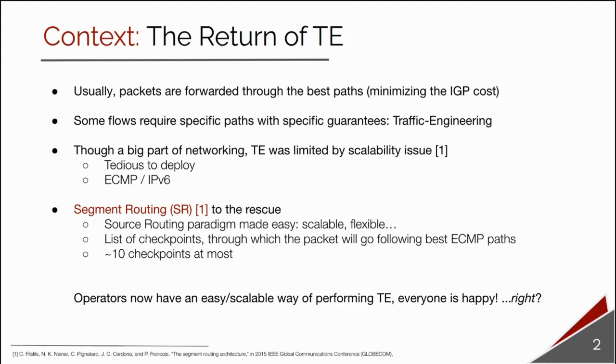So for those who know, it's a bit like loose source routing, meaning that you take your path, you translate it into a list of checkpoints that you want your packet to go through, and you put this list within the packet itself. And then the routers are going to read this list and forward the packets through each checkpoint sequentially following the best ECMP paths. And these checkpoints are also referred to as segments, basically.